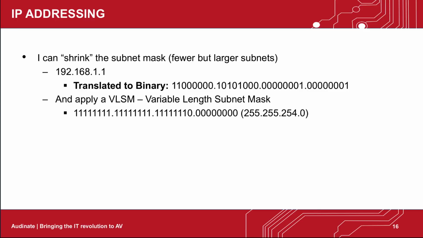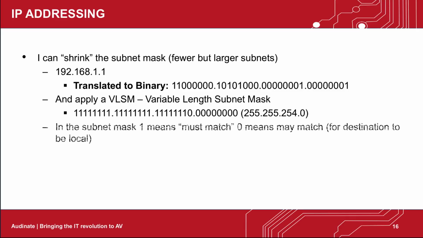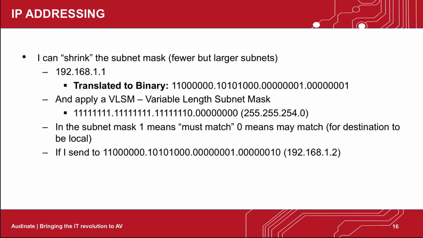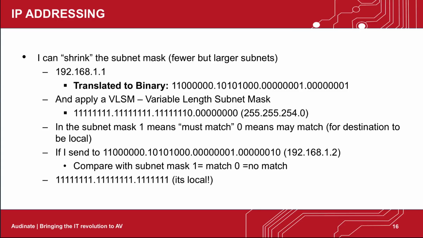This means each of our subnets can now be 512 devices. Once again, we know 1 means must match and 0 means may match. So if we send it to 192.168.1.2 and we compare it as we did before, we can see that this too is local.